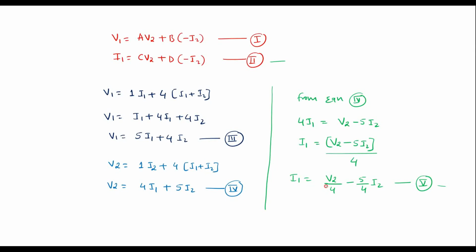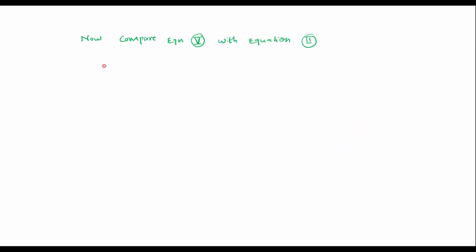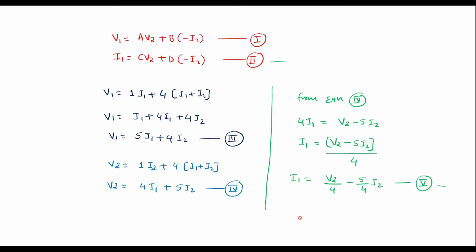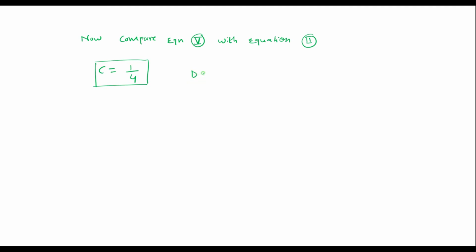So 1 by 4 is C. I can write C is equal to 1 by 4. And here we have plus D into minus I2, that is nothing but plus 5 by 4 into minus I2. So the D value is 5 by 4. So D is equal to 5 by 4.